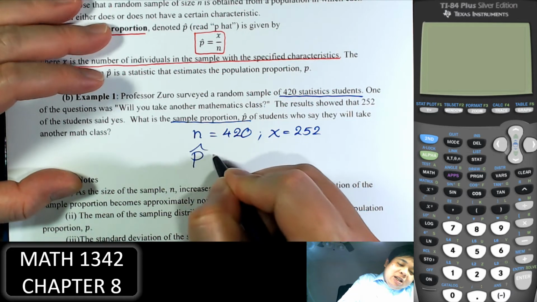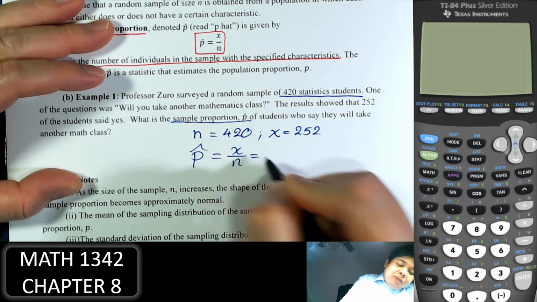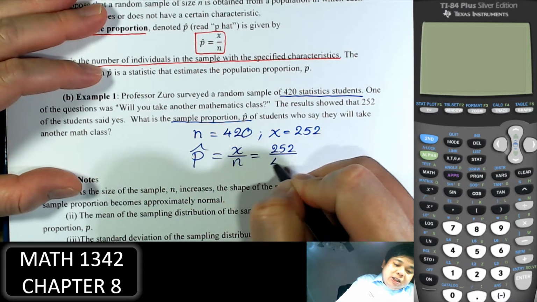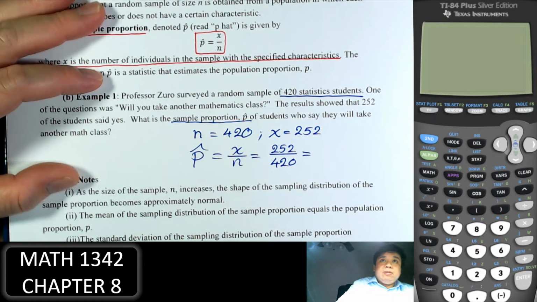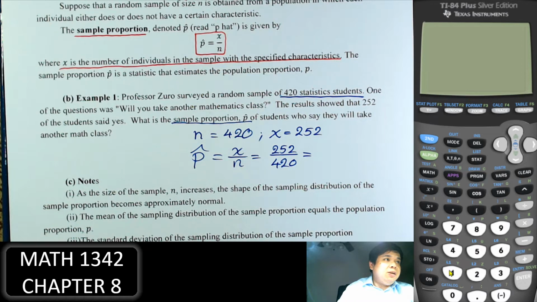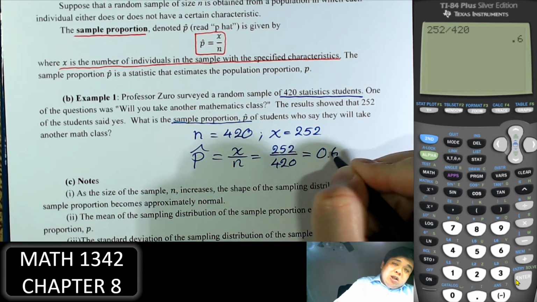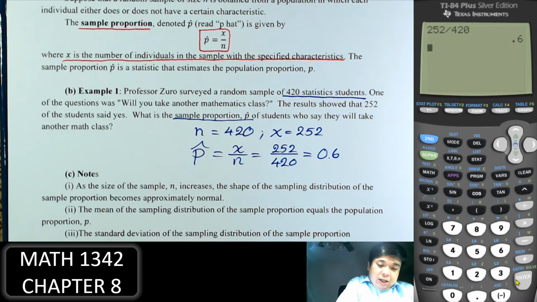The p hat is x divided by n, so just divide 252 by 420, and we get 0.6. That is the sample proportion. So 60% of that sample responded yes to the question, will you take another mathematics class?